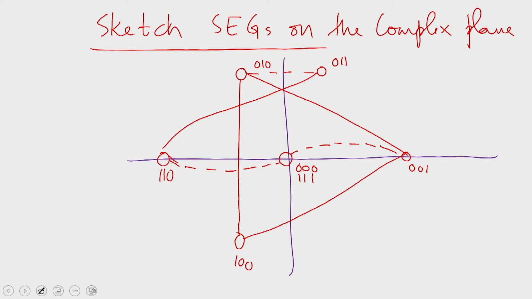From 1 1 0 we can go to 1 0 1 also by a 120 degree rotation, which also happens to be an exchange neighbor of 1 0 0, and then there is a shuffle edge between 0 1 1 and 1 0 1. The three-dimensional shuffle exchange graph has 4 exchange edges, all of them are marked now, and the shuffle edges are also marked. So, this is the plotting of a three-dimensional shuffle exchange graph on the complex plane.